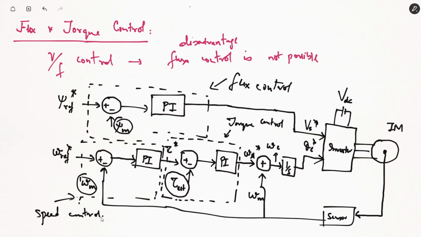The sluggish nature of the flux response will cause the speed also to rise slowly in the system. So that will be the disadvantage with this control scheme, that our speed response will be sluggish as compared to the volt hertz control strategy.